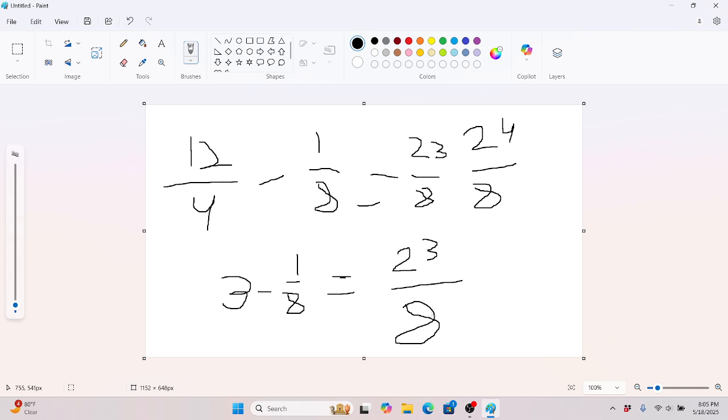So 8, 16, 24 goes into 3, but you can only do it twice. So 8 to 16. You have 23 minus 16, so 16, 17, 18, 19, 20, 21, 22, 23 is 7. So it's 2 and 7/8.